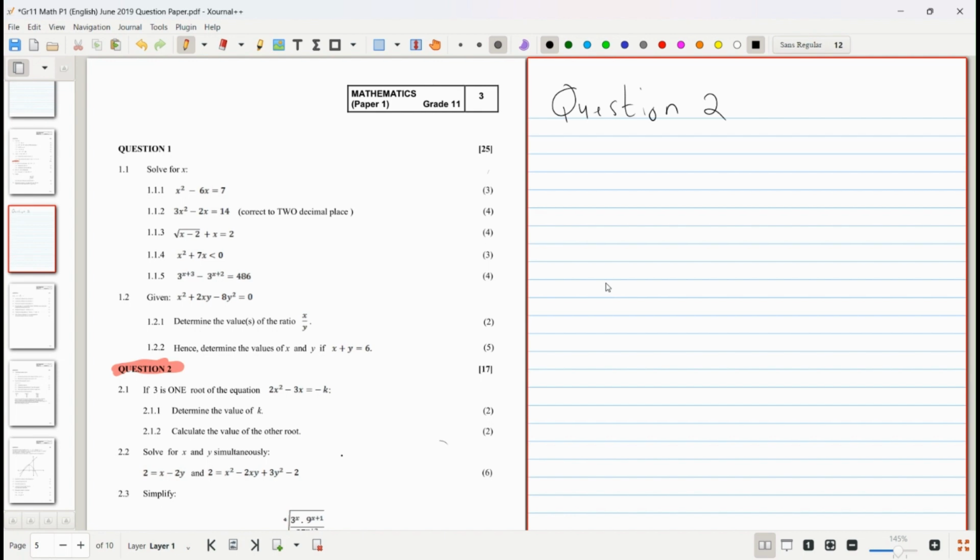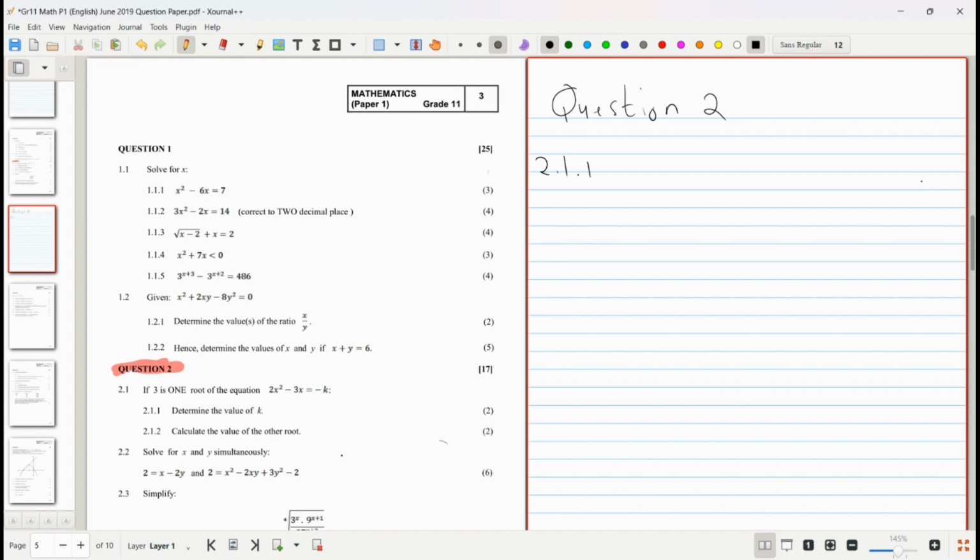So, in the first question, 2.1, we are given an equation, and 3 is one of the roots of the equation. Let me write 2.1, and in 2.1 we have 2.1.1.